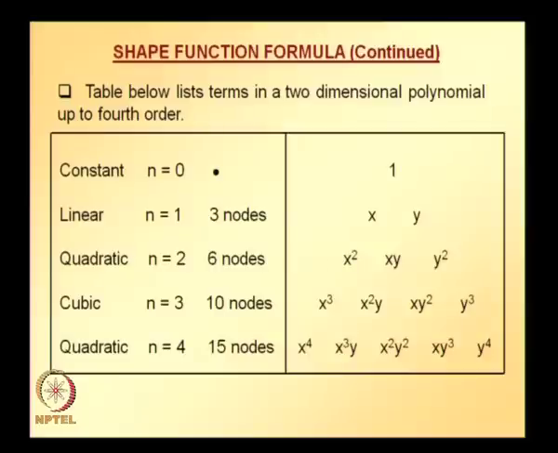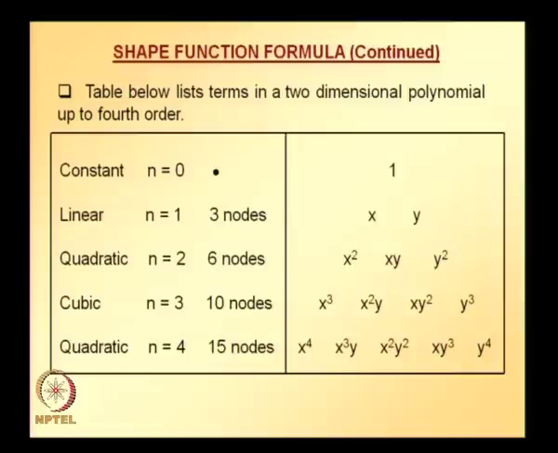Similarly, a quartic triangle element consists of 15 nodes, and it consists of 15 terms, which are all the terms shown in the table, which can be easily verified, which counts to 15, and the order of element is going to be quartic.